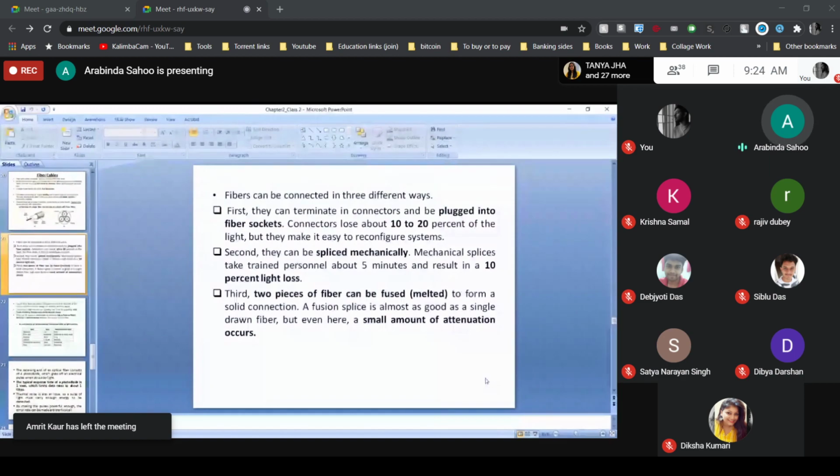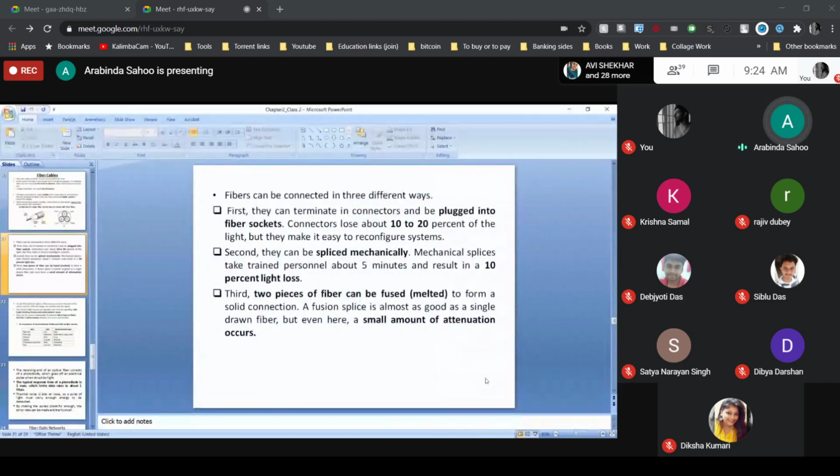So finally, if you compare, there are three methods normally used to interconnect two fibers. Number one is they can use a fiber socket, but in this case the loss is around 10 to 20% of the light. The second is that it can be spliced mechanically, and in this case the loss is around 10% of the light.